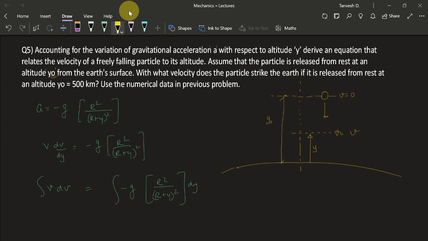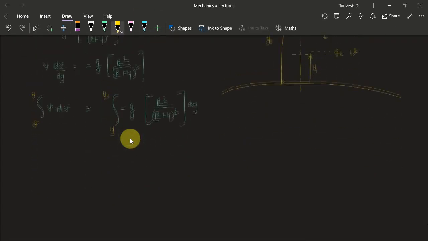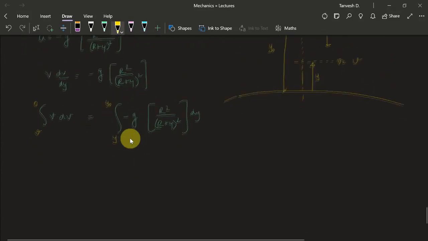So in this integration, v is going from v to 0, and y is going from y to y0, because at y the velocity is v, and at y0 the velocity is 0. Fine, so we understood the integrals.